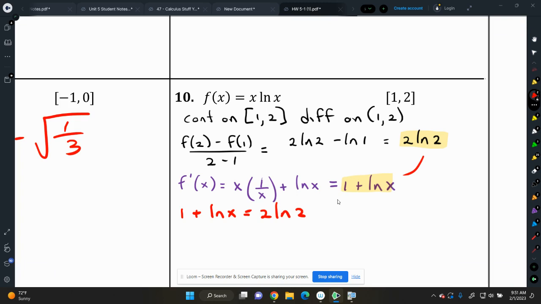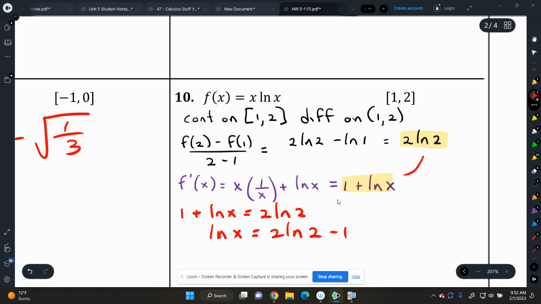Thank you. Okay. All right, so we're trying to solve for x, okay? So we've got the natural log of x equals 2 natural log of 2 minus 1. Okay, that is an actual constant. All right.